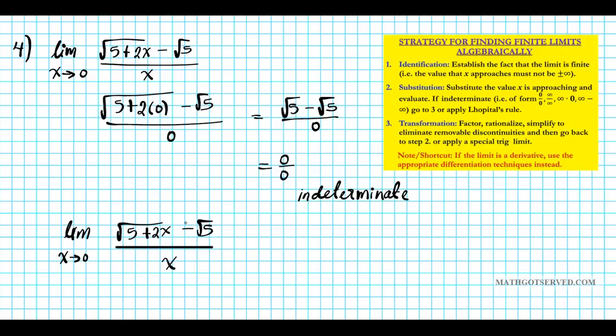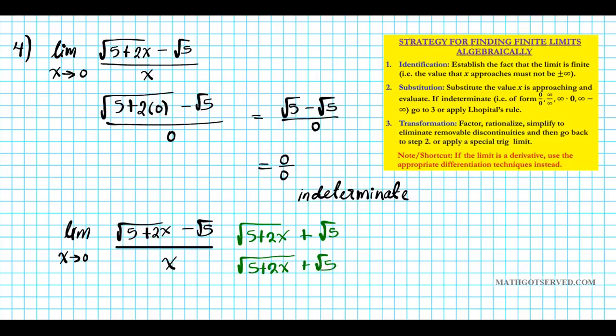You get the conjugate by simply inverting the sign in the middle, so you can create a product of the factored form of a difference of squares. So we're just going to insert the sum, square root of (5 plus 2x) plus, just change the sign in the middle, root 5. Whatever we multiply to the numerator, do the same to the denominator.